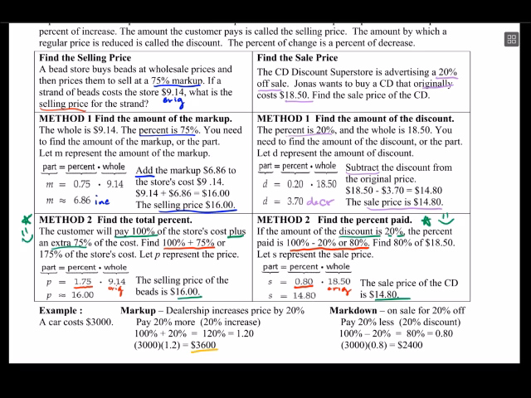Now, if you're selling your car to a private person, you might discount it by 20% so that someone will buy it. Here we subtract. We know that we're paying 80% of the $3,000 price. 80% of $3,000 is $2,400. So an increase, we add. A decrease, we subtract from our 100%, and then just use our percent equation.